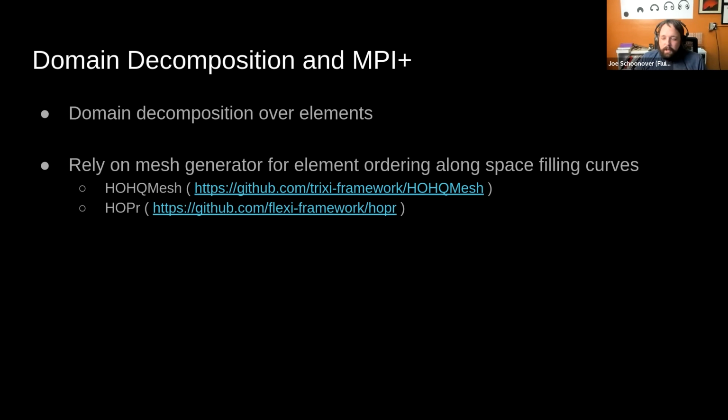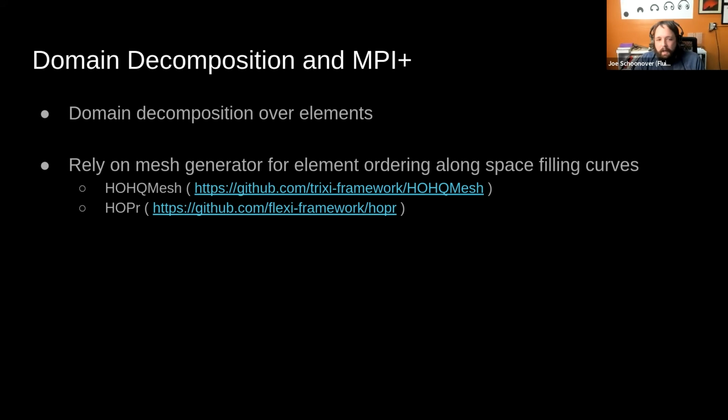And so I've really stripped out a lot of that mesh generation and mesh reordering stuff from SELF, and just said, I'm going to start relying on some tools that are out there, particularly HOHQMesh. It's the high order hex quad mesher. This is one from David Kopriva, and then HOPR, which is part of the FLEXI framework. They have the Trixi framework doing HOHQMesh, and then FLEXI doing HOPR.